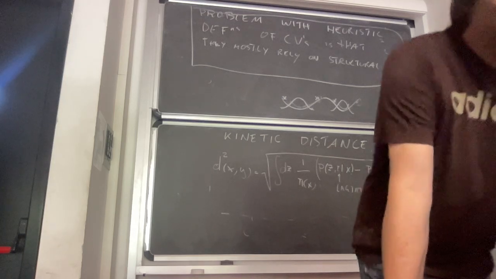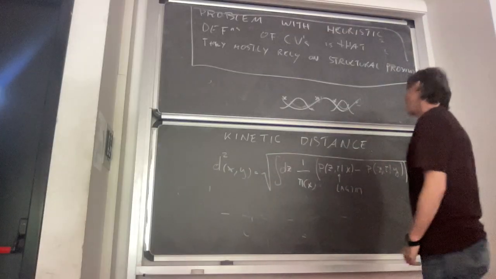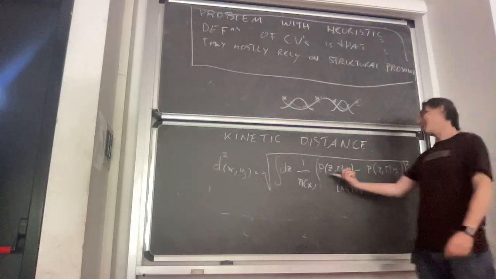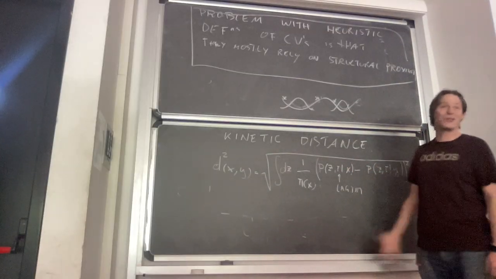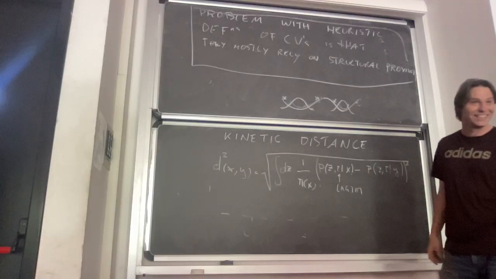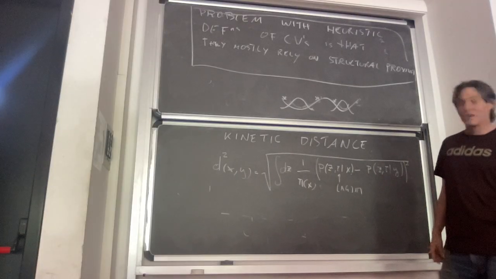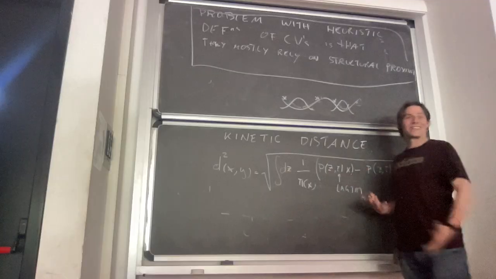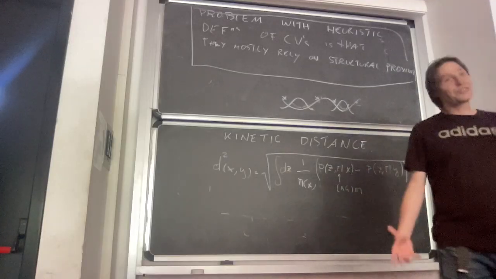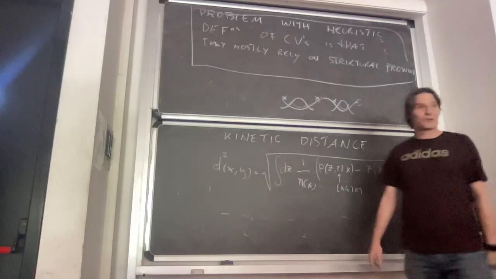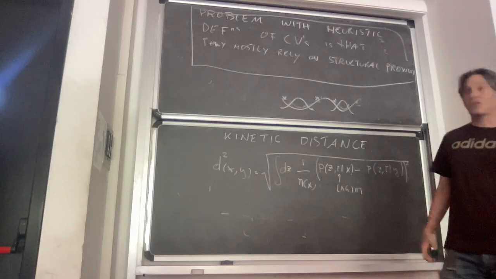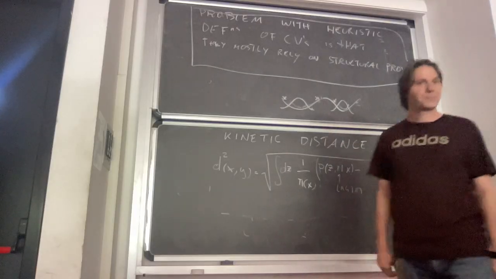Yes, except that this matrix hides all the complexity of the problem inside this propagator, which I don't know. Right? So it's not straightforward to evaluate these metrics because I would need to know these probabilities. So this is a formal expression.